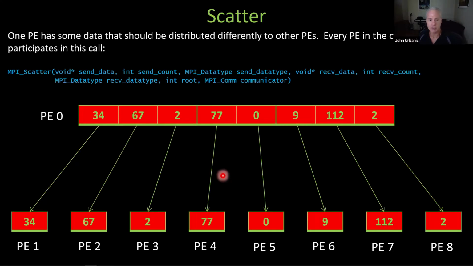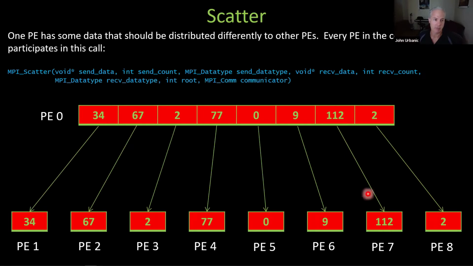One of the more useful ones is the scatter operation. It's not unusual in your algorithm to find yourself wanting to send a bunch of data and distribute it out to different PEs, not broadcast it, because we don't want to send all the data to all the PEs. Instead, we want to send a slice to each one of the PEs in an organized fashion. So for example, PE0 might have this array in memory, and it might like for each one of the PEs to get one element of that array, and this is a scatter operation.